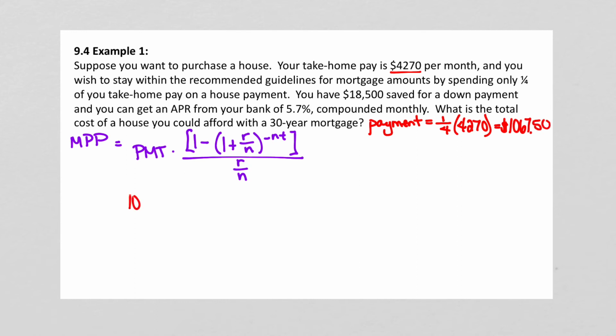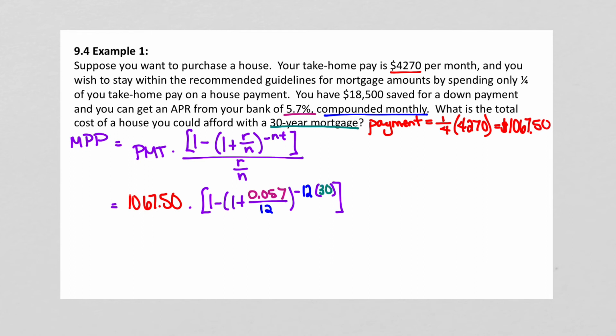So that goes in this spot here. And then we have R, that's the 5.7%, change it to a decimal, 0.057. We're compounded monthly, it says, so N is 12. And T, it says for a 30-year mortgage, so T is 30.